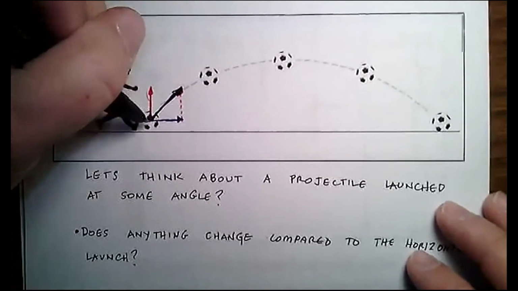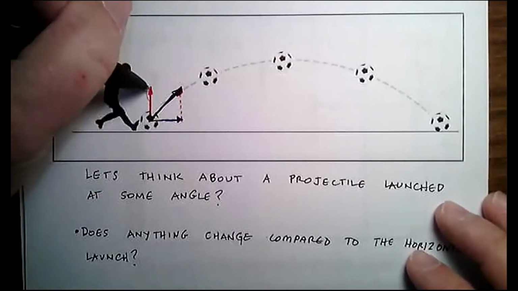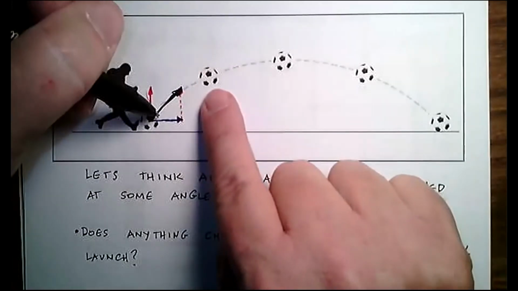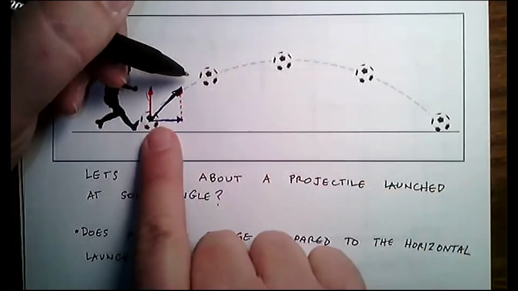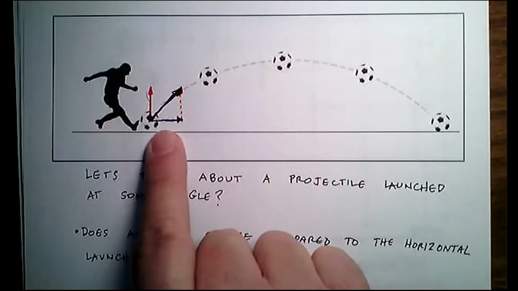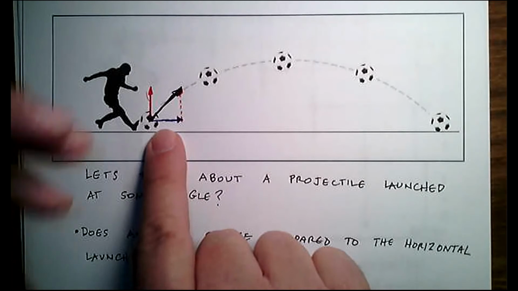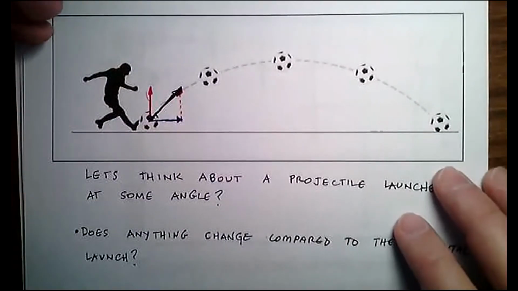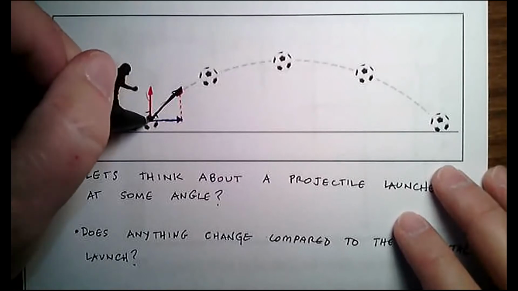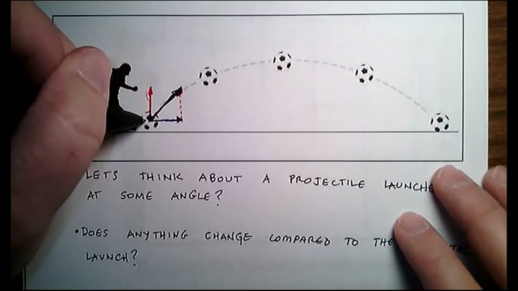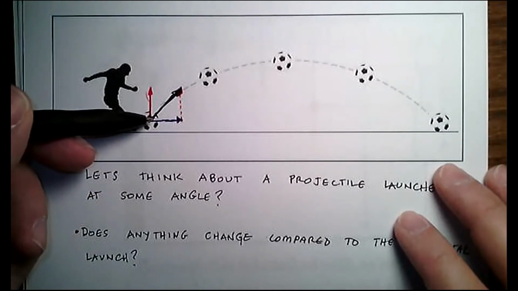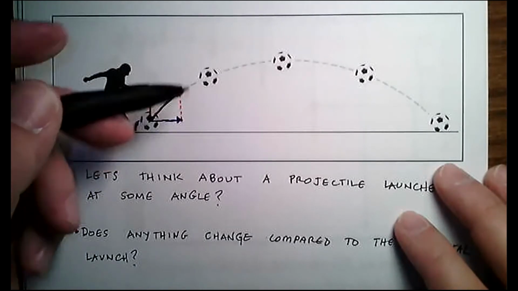So let's think about what's going to happen to each of these two vectors as the ball goes up into the air. What do we know about the horizontal velocity? Is there any force acting in the horizontal direction if we assume there's no air resistance? In the absence of air resistance, there is nothing to slow down this velocity, and so it just keeps going at that same speed.